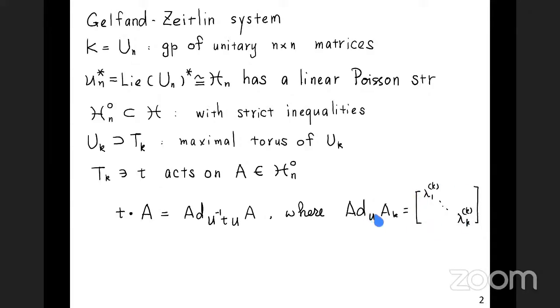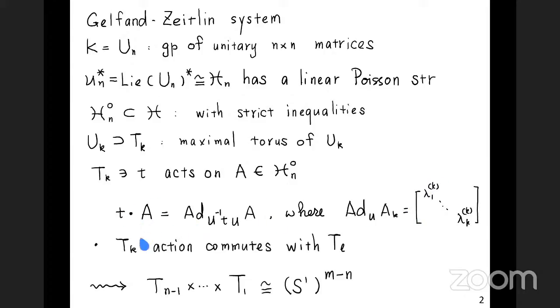Given this U, the T action is defined by the adjoint action. Because we are taking elements in Hn0, all the eigenvalues are different, so this action is well defined. More than that, for all the different Tk, their actions commute.